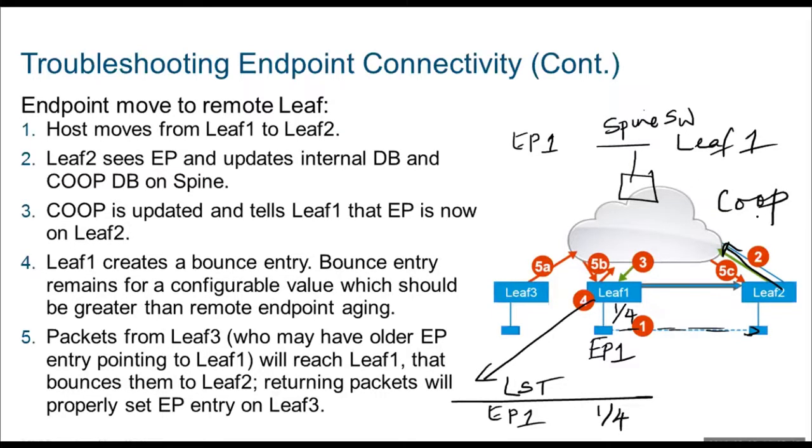COOP, it should be all caps, not lowercase. But that's going to go ahead and say, hey, you're not good anymore, it's moved to leaf 2. So the spine actually sends a message to leaf 1 saying, bounce to.